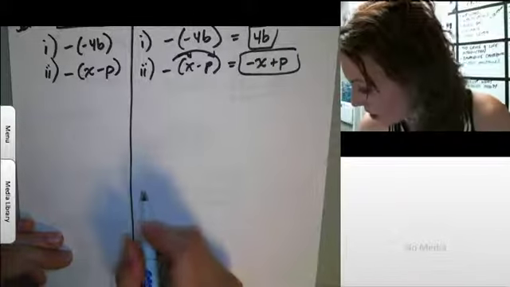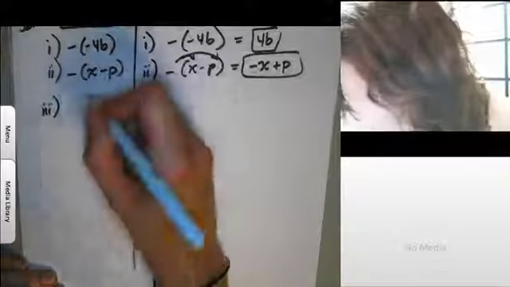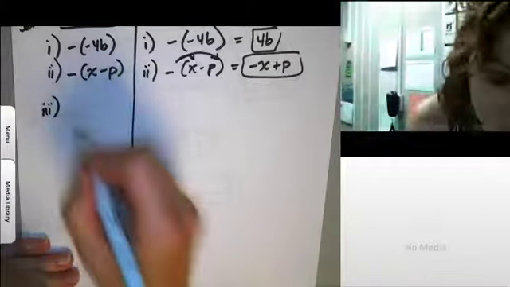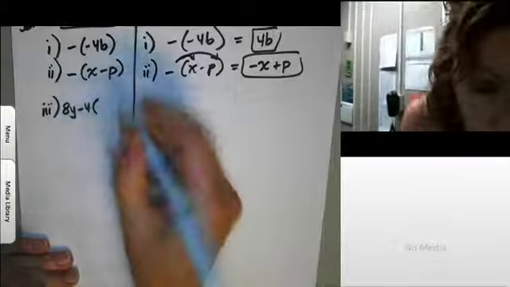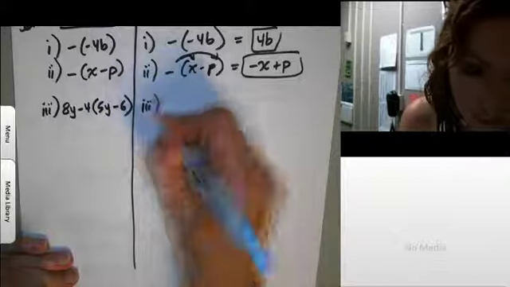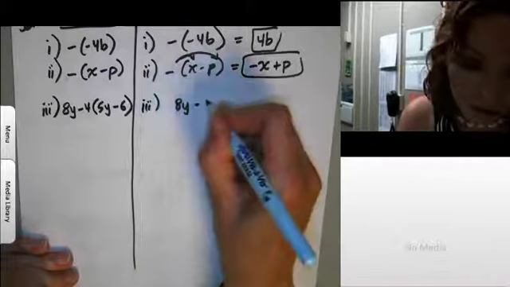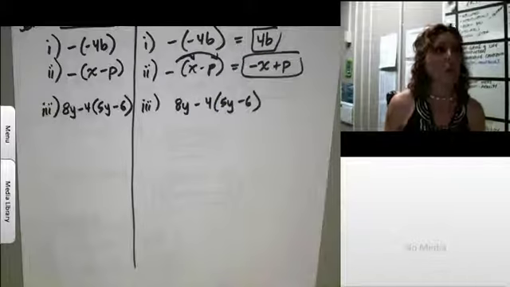All right, let's see. We've got 2 more. So we've got 8y minus 4 times 5y minus 6.